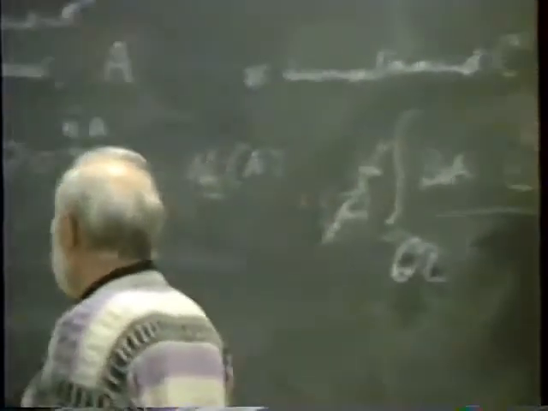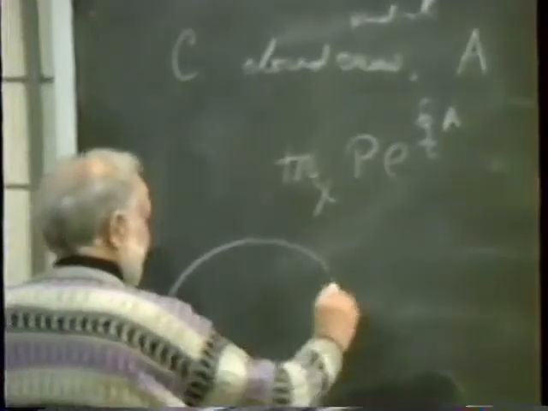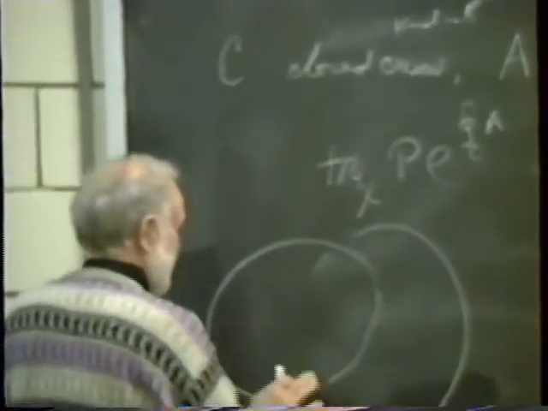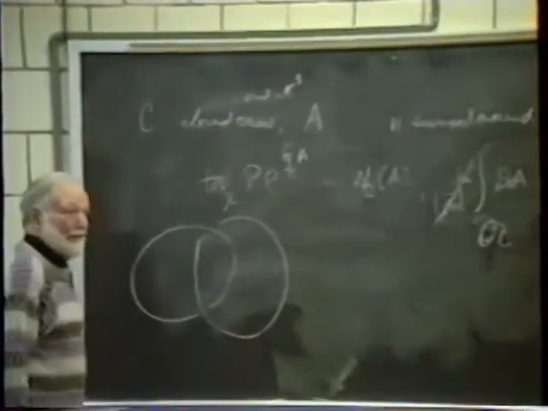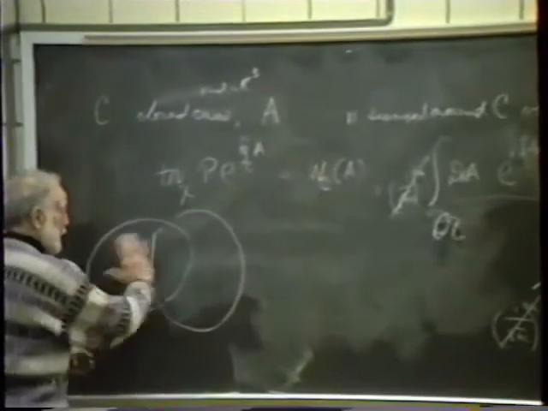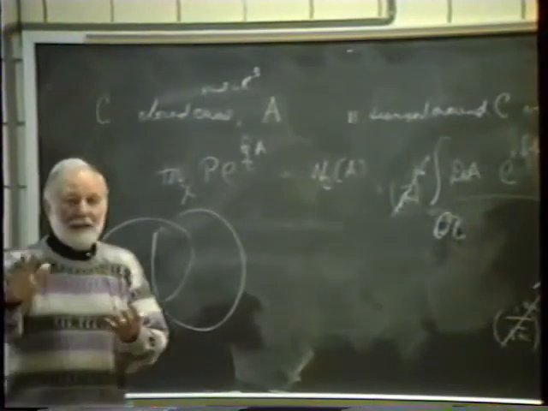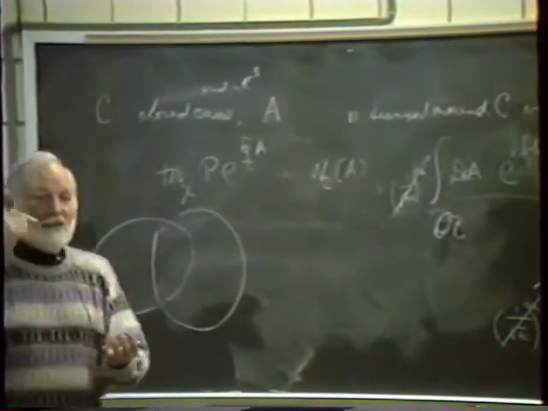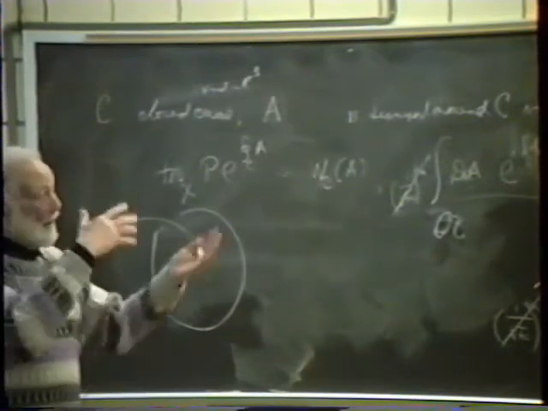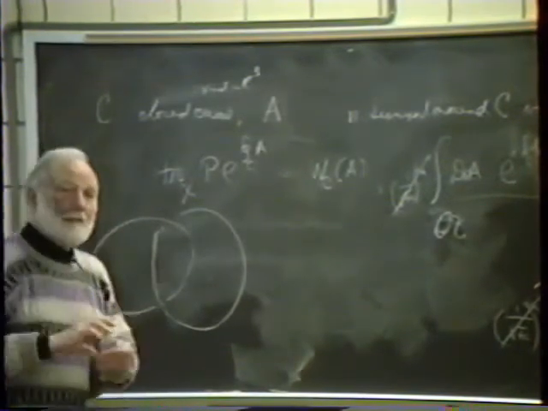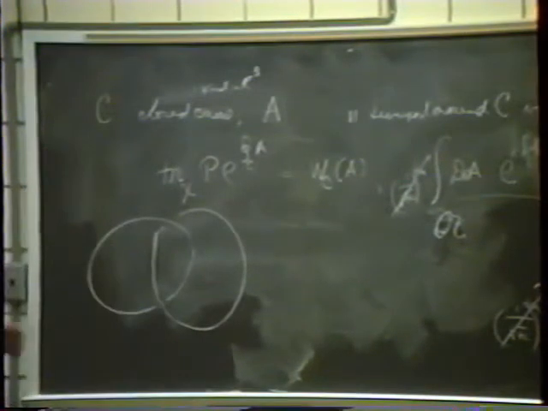But if you have two curves, and they link, one way of defining the linking number is spanning one of the curves by a disk, which intersects the other curve transversely, and counting, these are oriented curves, the number of intersections with the proper sign.